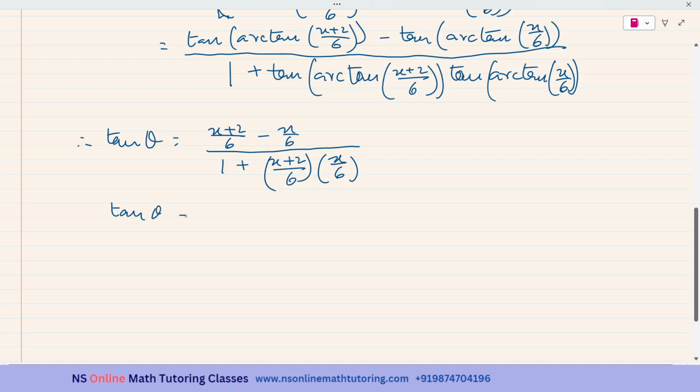So tan theta is equal to x plus 2 minus x is 2, 2 over 6 is 1/3, so it is 1 over 3, and this part is, let me write one more step. It is 1 plus x square plus 2x over 36.